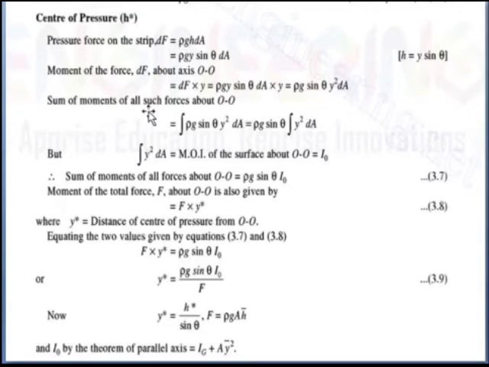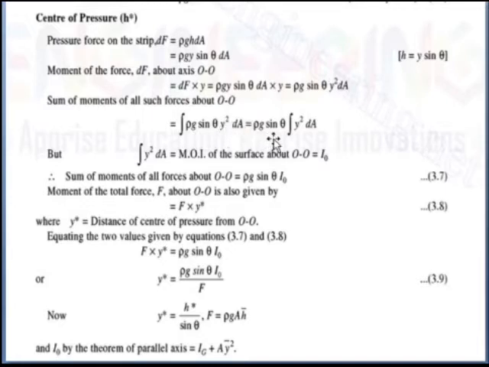Then the sum of the moments of all the forces about OO. Already we have calculated the moment of the force dF, meaning we calculated the moment of the strip only. Then the sum of the moments of all the forces about OO is equal to the integration of this whole term, rho g sin theta y square dA.